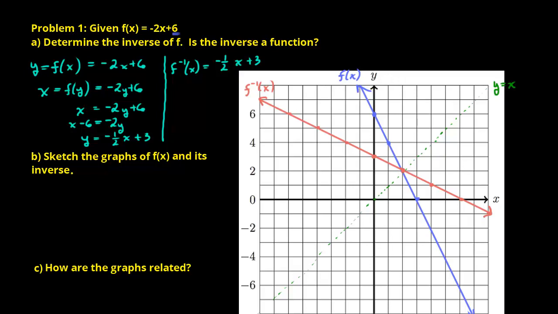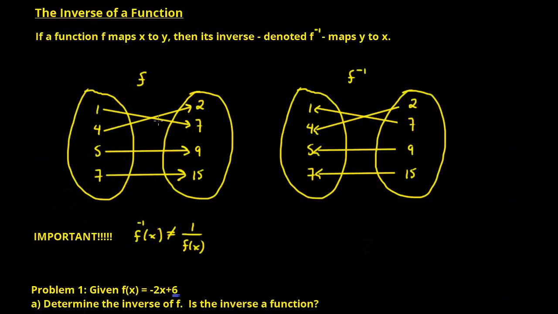Another important thing to note is, remember what we said. We said here that if I have a point, like here I had a point 1 comma 7 on the graph of f, then 7 comma 1 is on the graph of f inverse.